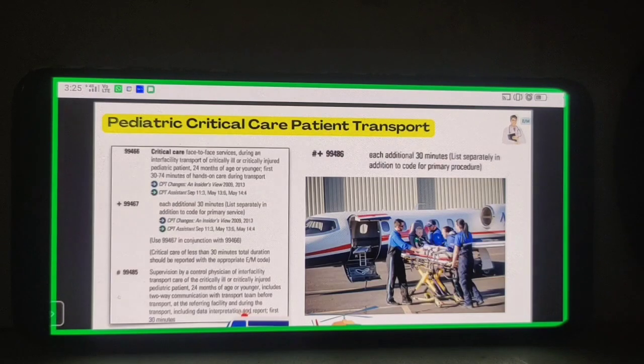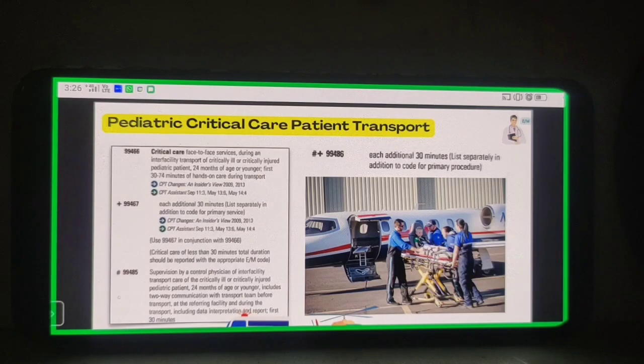But in 99485 and 99486, the doctor does not travel with the patient. So same like that, for the first 30 minutes 99485, then each additional 30 minutes 99486.